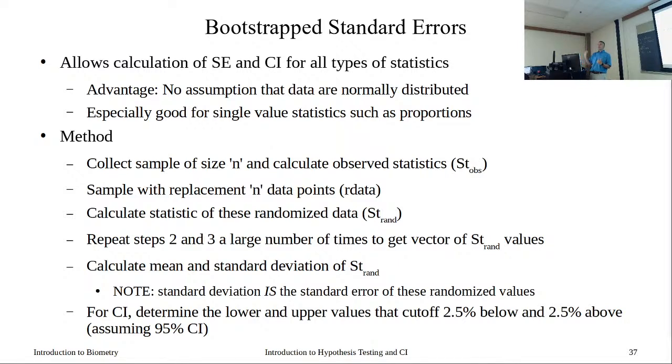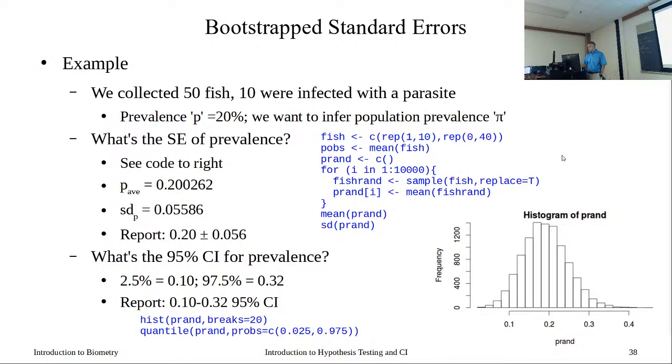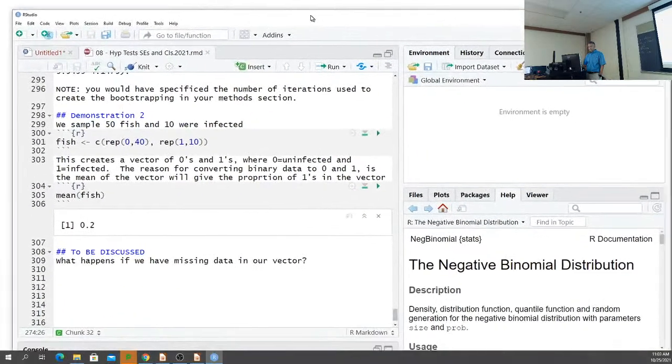Repeat it over and over again until we have a collection of these randomized test statistics. Then when we calculate the 2.5% and the 97.5% percentile, that gives us a 95% bootstrapped confidence interval.